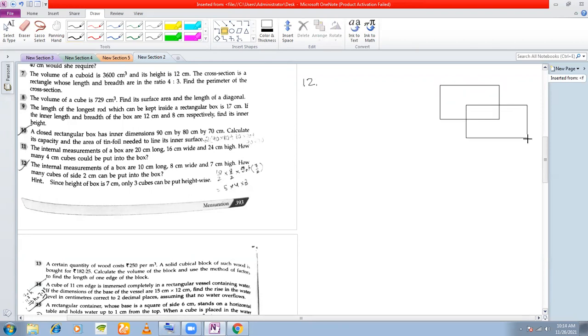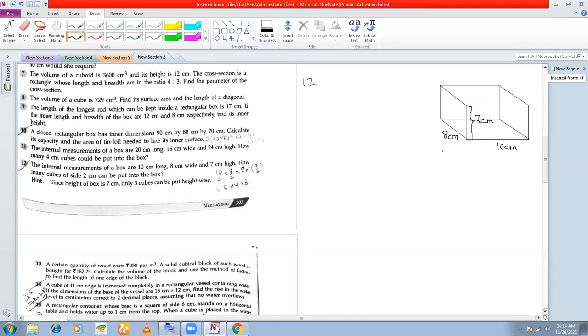This is your box. Let's write the length, breadth, and height also. This is 10 centimeter length, 8 centimeter wide, and the height here is 7 centimeter.